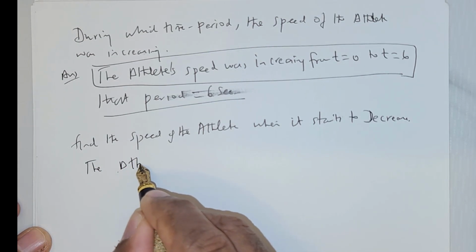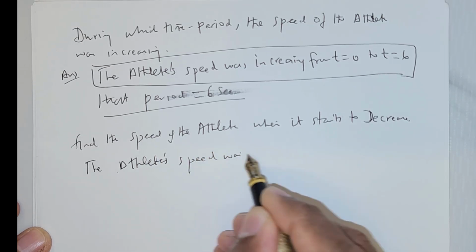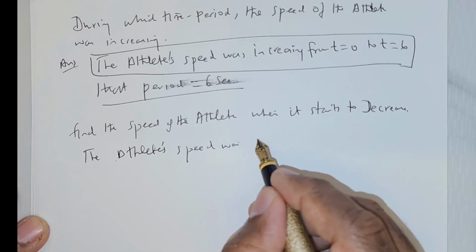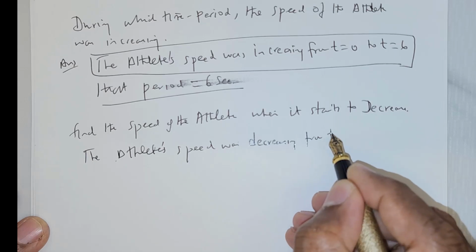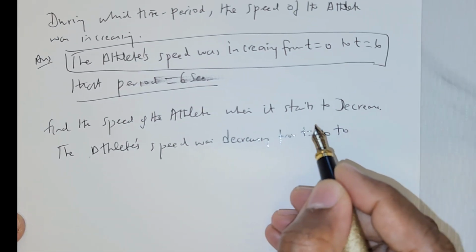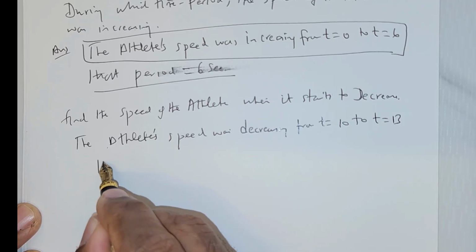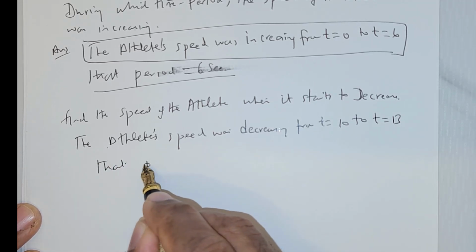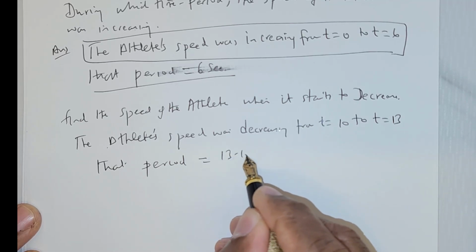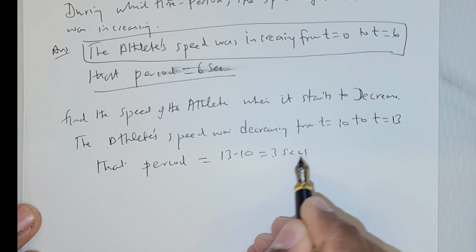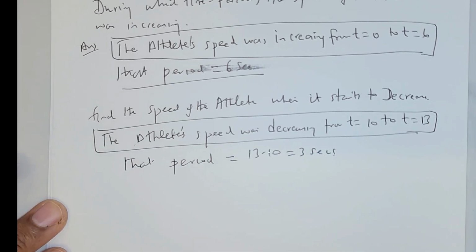The athlete's speed was decreasing from t is equal to 10 to t is equal to 13. So that period is what? That period is equal to 13 minus 10 is equal to 3 seconds. So you can box this. This is what is required.